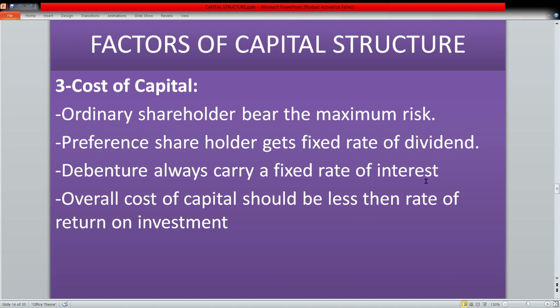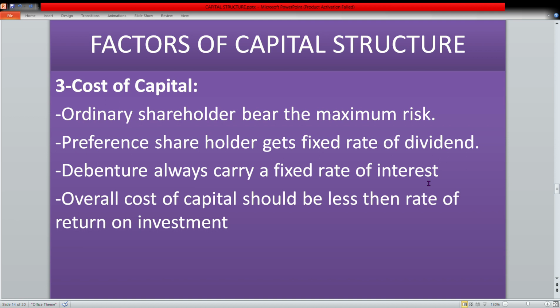If the overall cost of capital is say 10% and rate of return on investment, that is your internal rate of return, that is the return a businessman is getting on investment, maybe it is 15% or 14%. That means rate of return is higher and cost of investment is lower. So it is a good decision to take a loan.